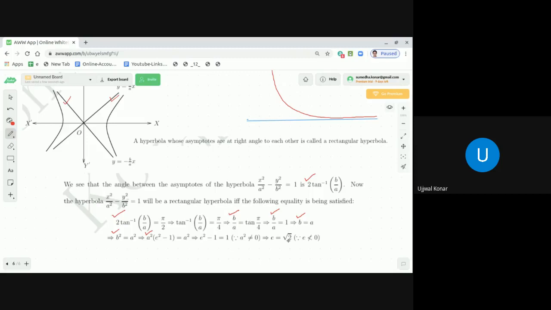And eventually we get e square is equal to 2, it means e is equal to plus minus root 2, but e cannot be negative. Why? Because if you go back to the fundamental definition of eccentricity, it is a ratio of two distances. A ratio of two distances cannot be negative. Hence, we take e is equal to root 2. I hope it is clear, dear students.